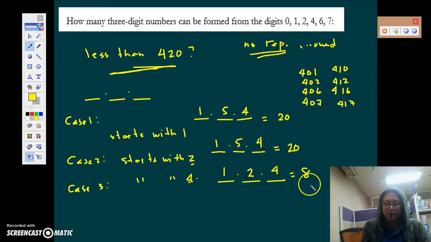There are 8 of them. So to answer the grand question, how many 3-digit numbers less than 420 can be formed from 0, 1, 2, 4, 6, 7, we simply add the 3 cases up, 20, 20, and 8, basically illustrating the addition rule. So this would be 48.